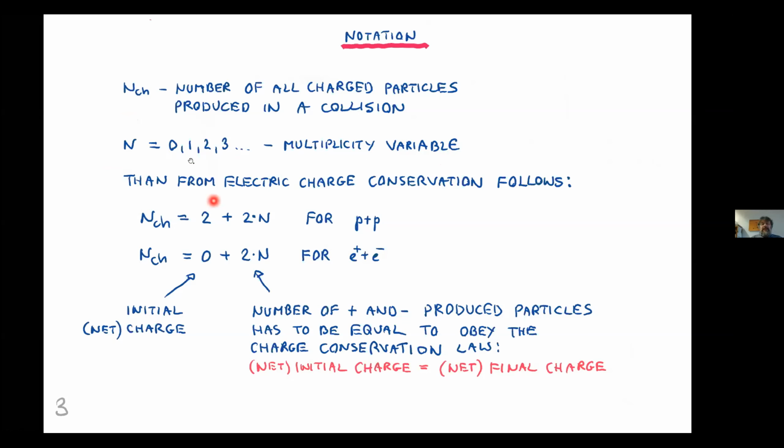And then from electric charge conservation it follows that if you take a pp collision, the initial charge is 2, since each proton has charge 1. So the N_ch which you see in the final state is 2, the initial charge, plus 2 times our multiplicity variable, because this 2 stands for producing at the same time a positively and a negatively charged hadron. Don't you produce any neutral particles?